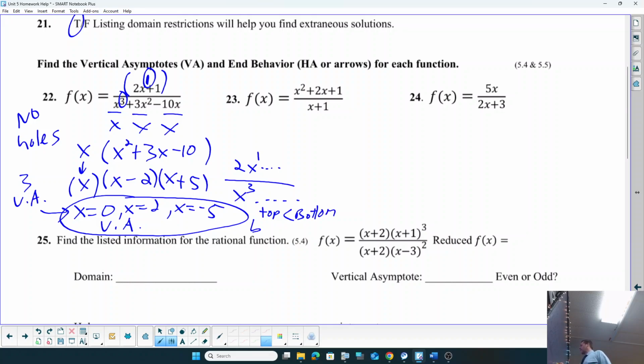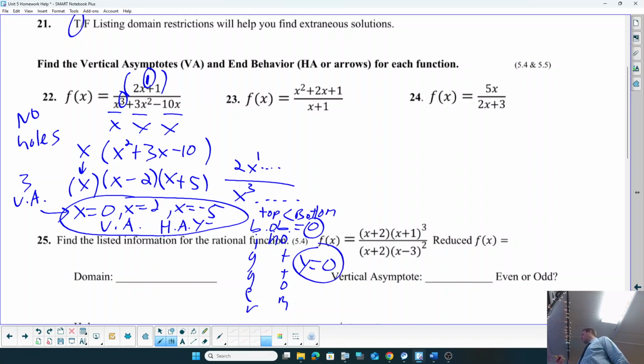Since top is less than bottom, we say Bobo: bigger on bottom, y equals 0. So y equals 0 is our horizontal asymptote.